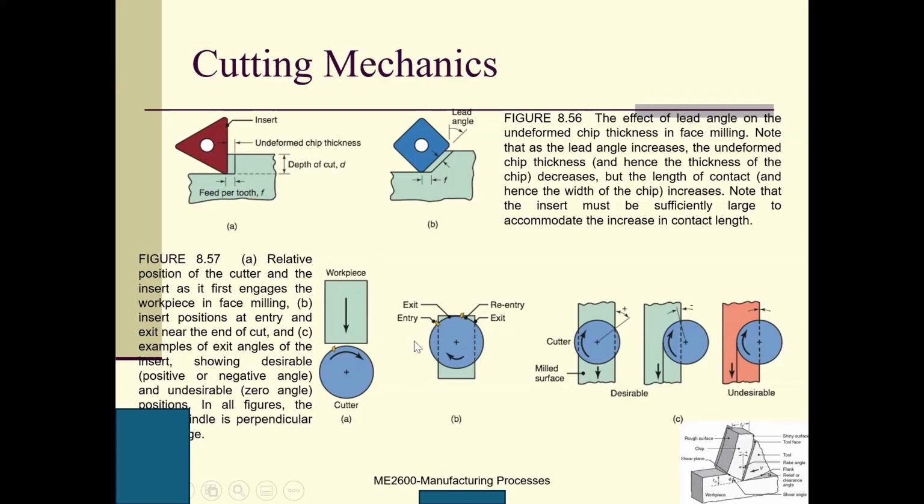B shows the insert position at entry and exit near the end of cut. Entry is when it comes here and engages with the work piece, and this is the exit of the insert. This shows a desirable positive or negative angle, and this is an undesirable zero angle position.